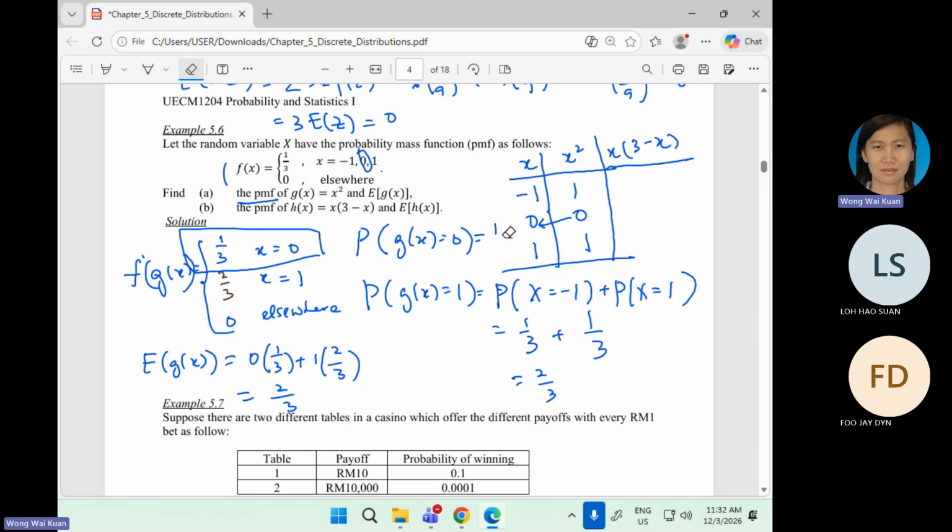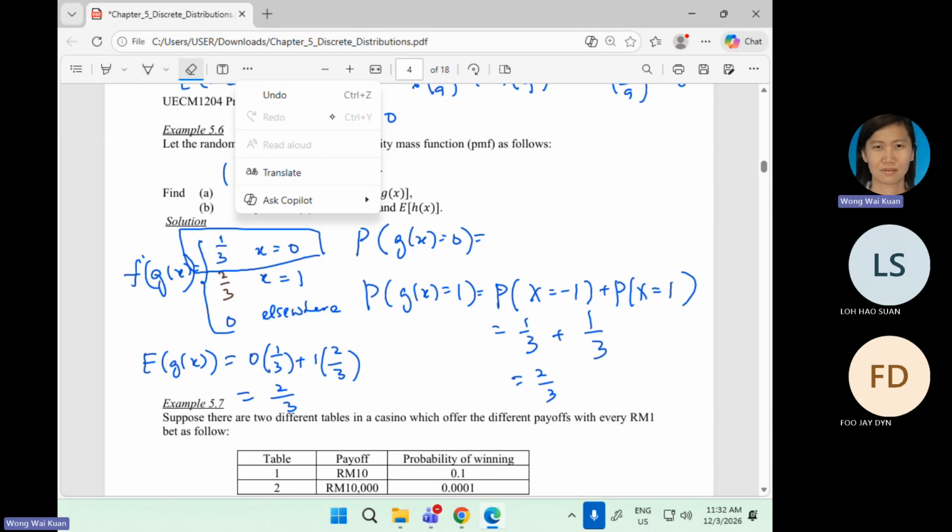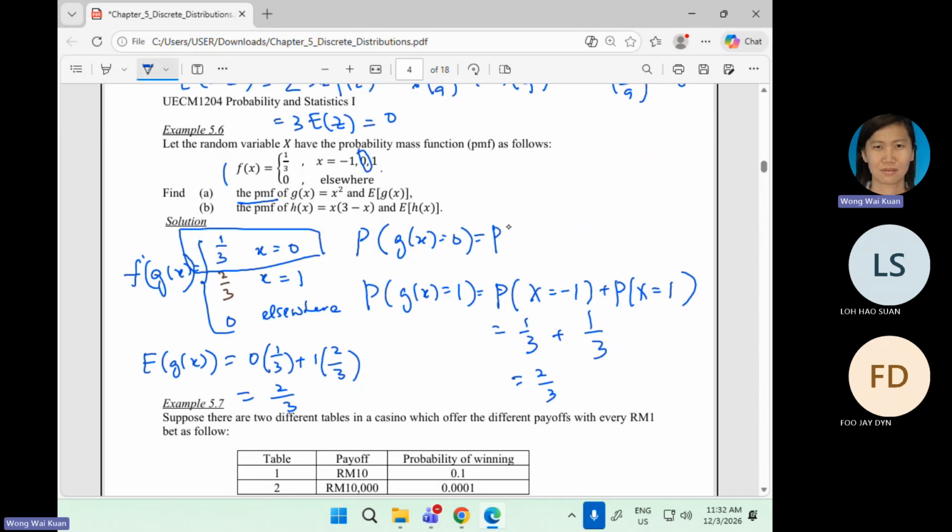Okay, so sorry, because I thought you knew. So then this one I could put like this. This becomes probability of X equals 0. So that's why this is 1/3. That's why you get this.